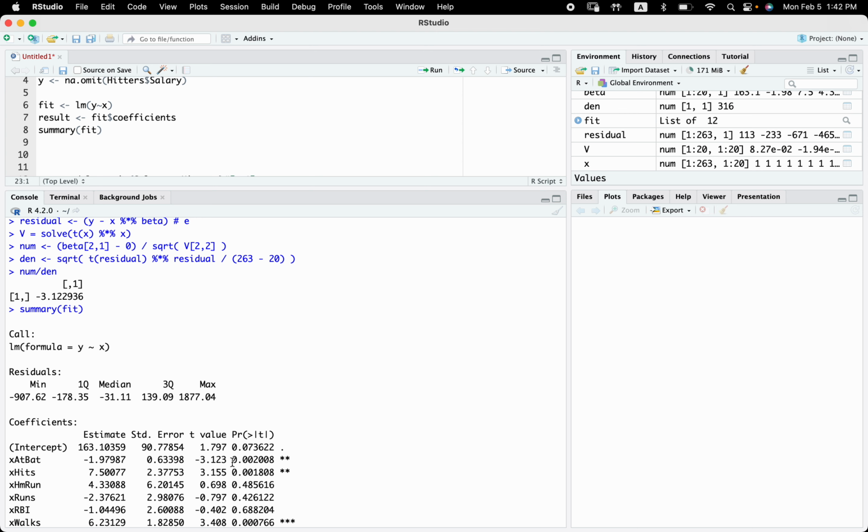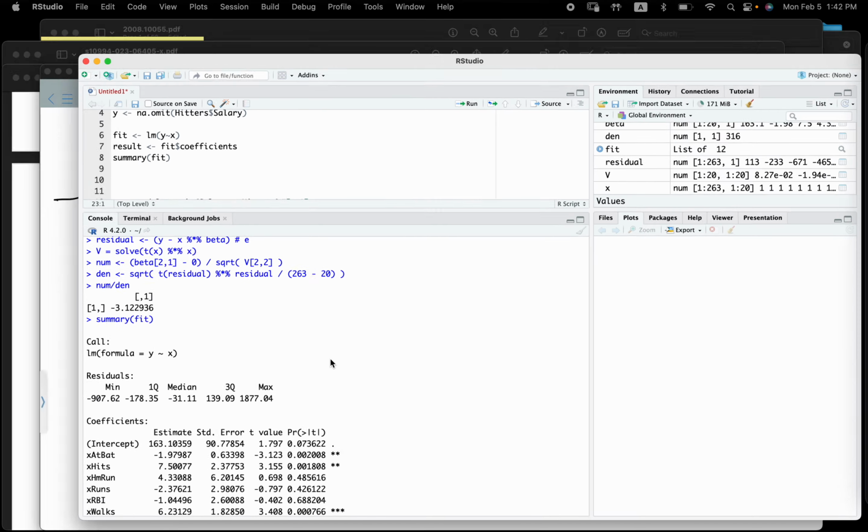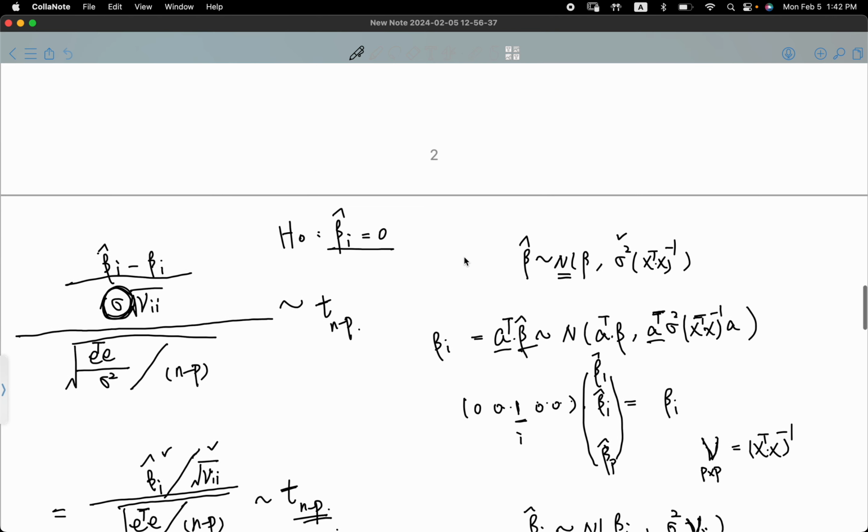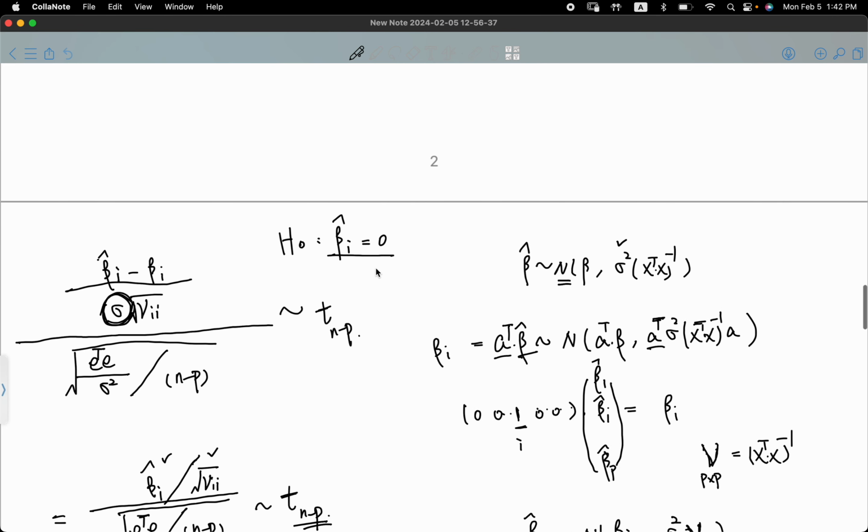And then from here, you can consult a t table to find the probability, and then you can decide whether you want to reject or not reject your null hypothesis for this particular test. And if you have a different number here, then you need to make sure you subtract that as well.